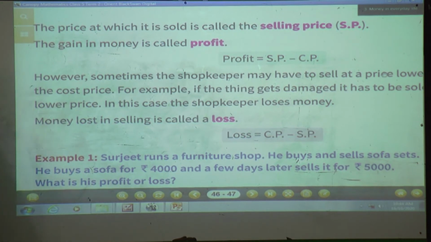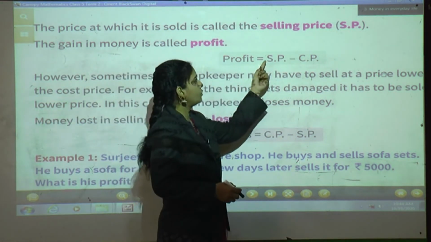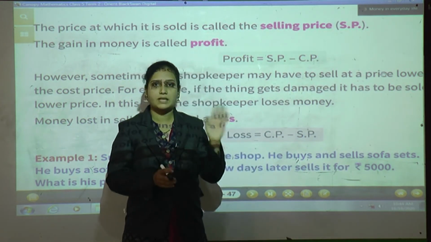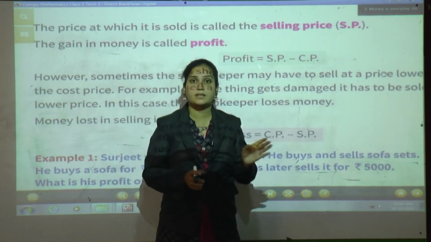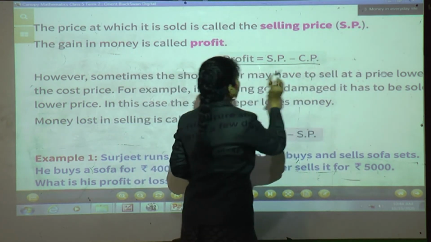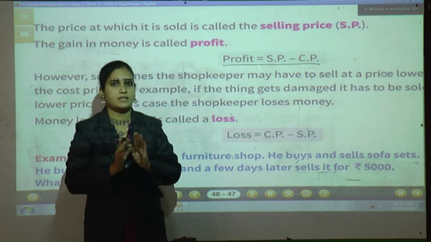So whatever the gain will be, that is called profit. This formula is very important, students. Profit is equal to SP minus CP. SP means selling price, and CP means cost price. Always remember this.